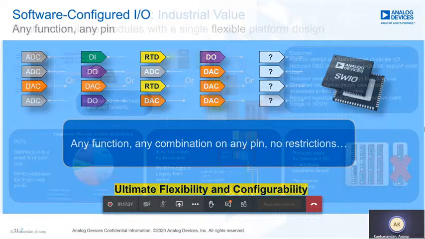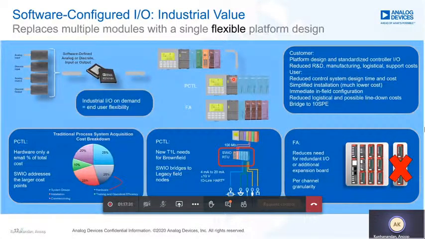So what value does it bring into the system once you go for industrial software configurable IOs? What are the advantages that you have? As I mentioned earlier, as against the legacy fixed hardware designs for your various inputs, it is all converted into a single chip. So your inventory has come down and you do not have to deal with many of these modules separately.